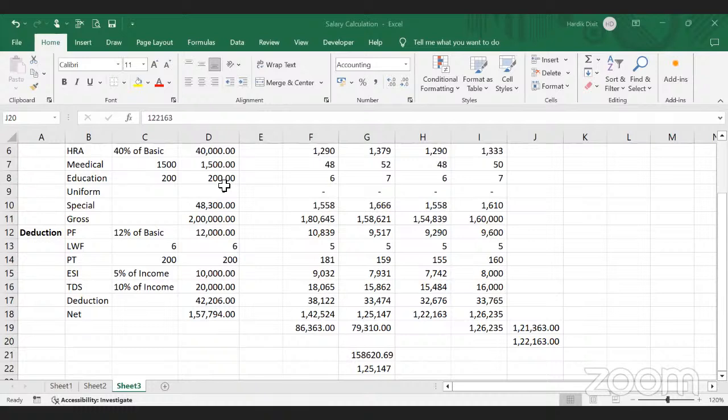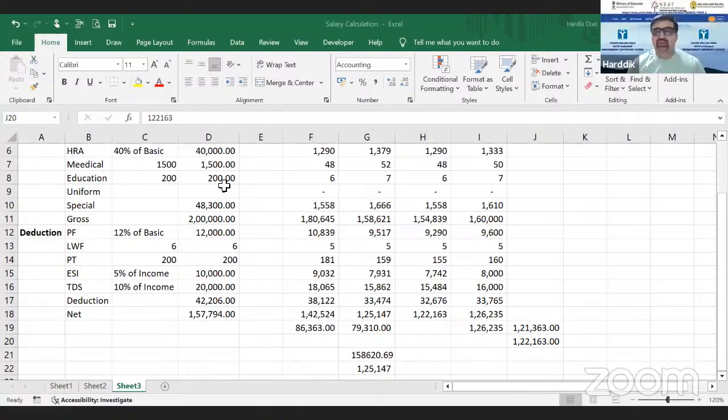So why are we getting different deductions in every month? Different income in every month, so different deduction in every month. See, your master values are constant, isn't it?